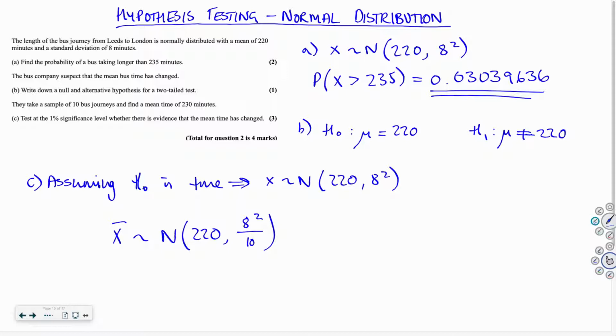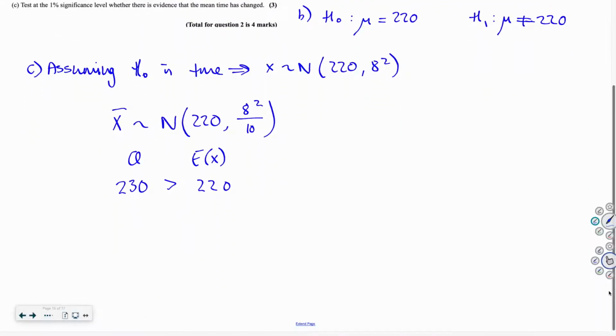And now what we want to do is say they take a sample of 10, so we've put the 10 in, and find a mean time of 230. So the way I do it is say, what did we get in our question? What is our expected? And our expected is 220, because that's the mean. And the question says they got a mean time of 230. 230 is greater than 220, so we need to focus on the upper tail.